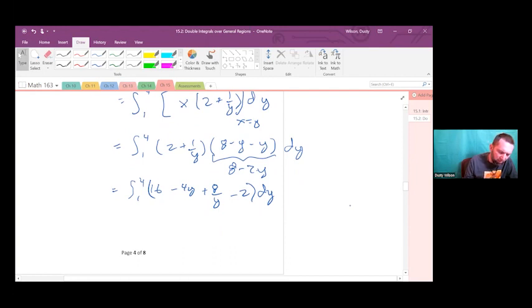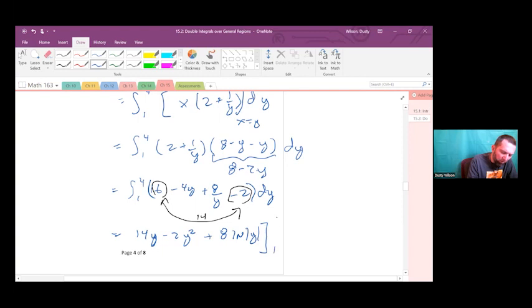I've got a minus 2 and a plus 16. That's a 14 altogether. So my antiderivative at this stage would be 14y minus 2y squared plus 8 ln y. We want to evaluate from 1 to 4.